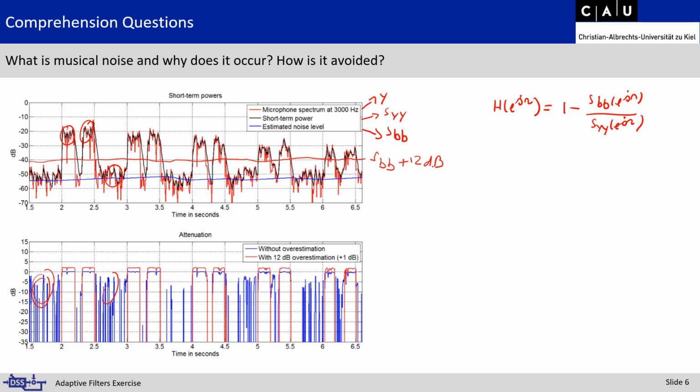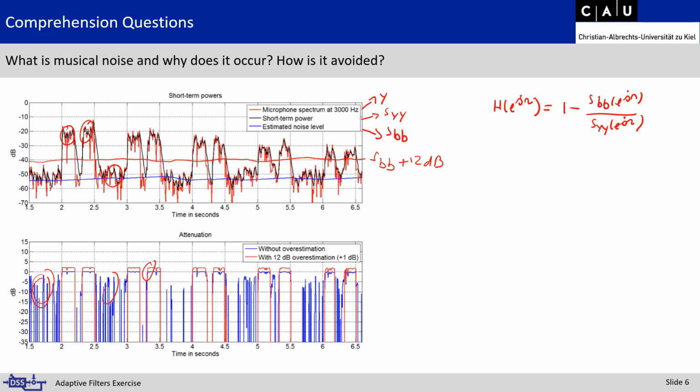And you see that this line is well above SYY in the noise phases, which then leads to the Wiener filter weight as given here in red in the lower plot.